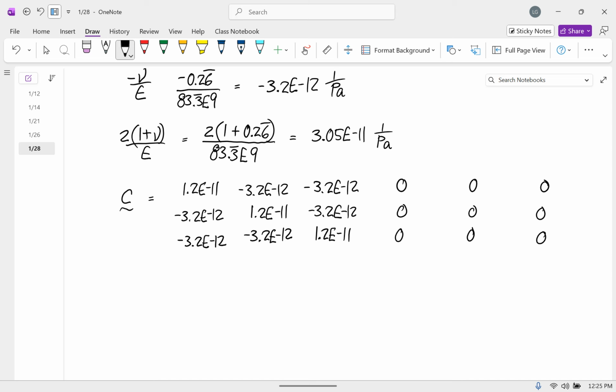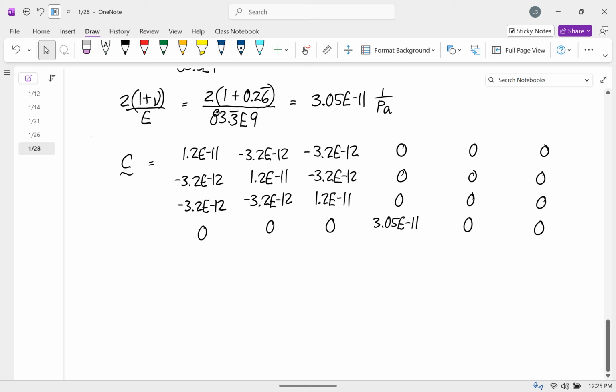Now the fourth row, we have 0, 0, 0. And in the fourth spot, we have 3.05 times 10 to the minus 11, and then 0, 0. In the fifth row, that value just moves over 1. So 0, 0, 0, 0, 3.05 times 10 to the minus 11, 0.